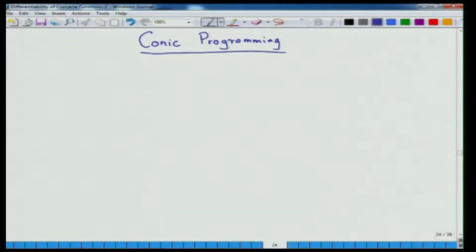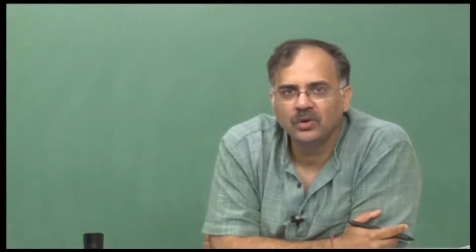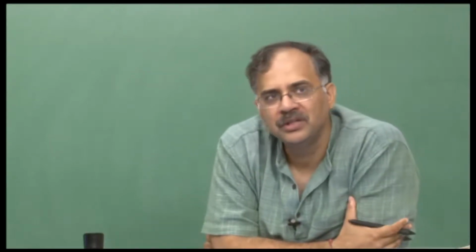Now, we are coming to a very important class of problems called conic programming problems. In fact, if you give me any linear programming problem, I can always write it as a minimization of a linear function over a convex set. So, in general, every convex programming problem can be posed as a minimization of a linear function over a convex set.